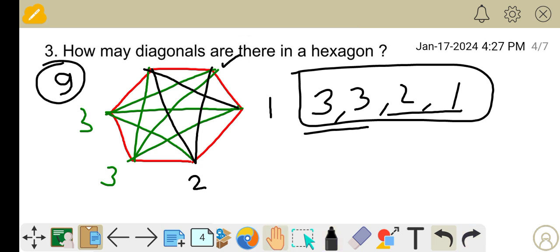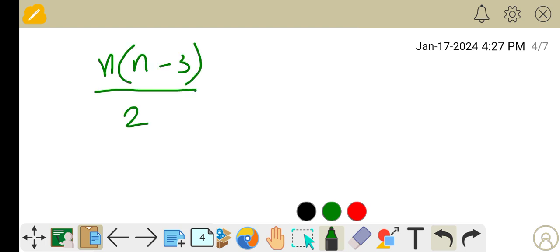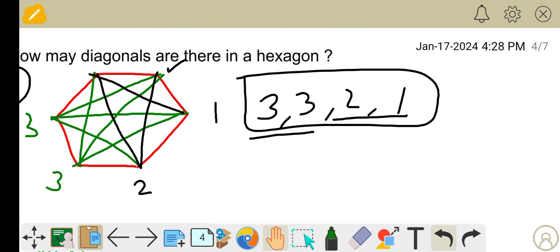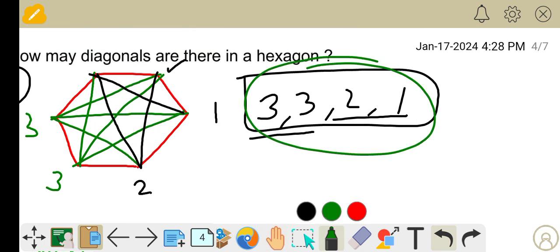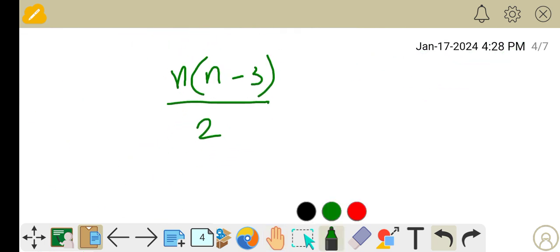There is also a formula which can be used to count the diagonals, but I didn't tell you because you already have too much formula in your book, so you don't need to use more formulas. If you have a practical way to count anything, you can use it. The formula is n times (n minus 3) upon 2, and it can be deduced using this logic, because 3 vertices are not used and another is repeated.